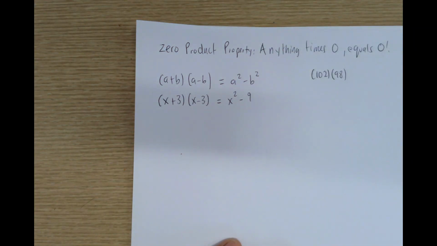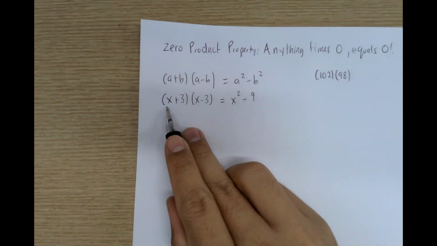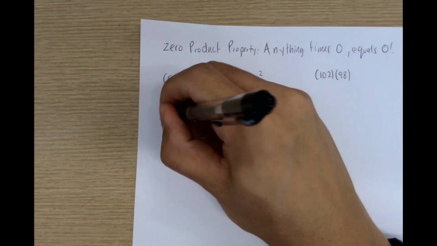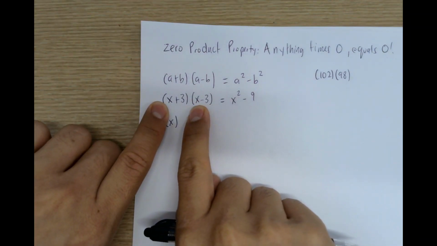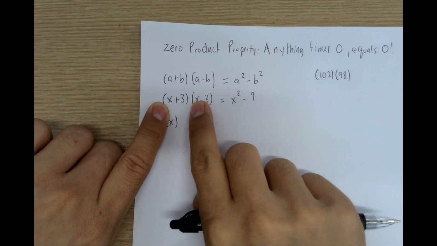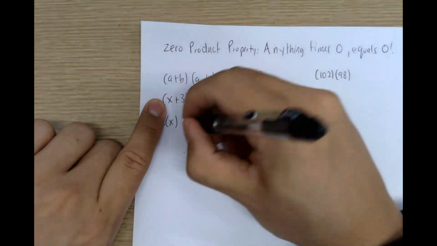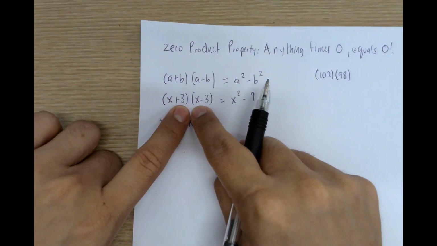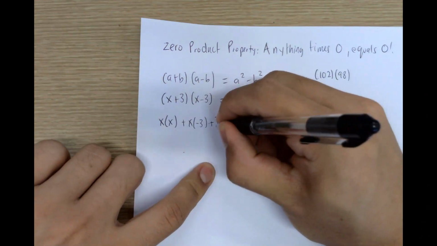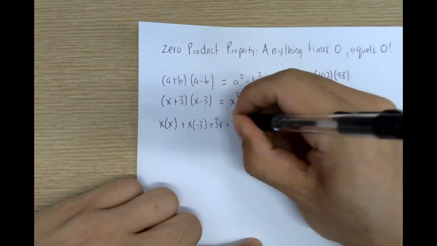And again, this makes sense because if we FOIL, or multiply out to distribute the numbers, this is going to be x times x first, then outside, x times negative 3, then inside, 3 times x, so plus 3x, and then last, 3 times negative 3.